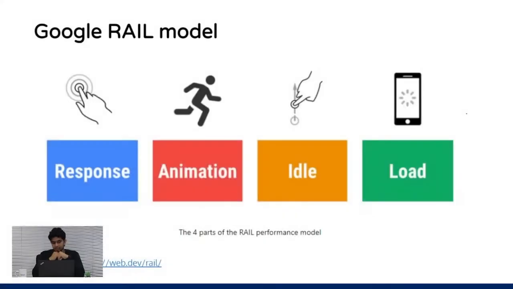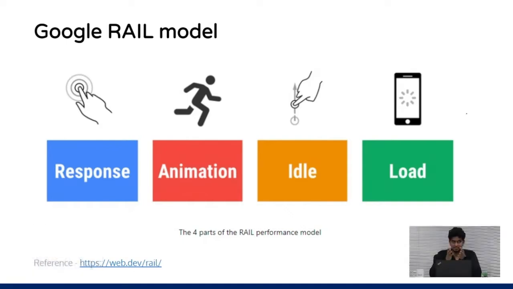This is the model that I have found, named the Google RAIL model, which is a user-centric performance model that provides a structure for thinking about performance.